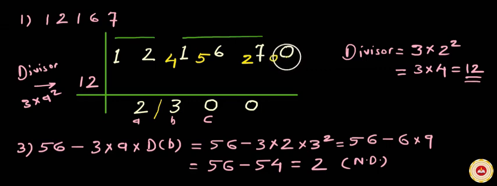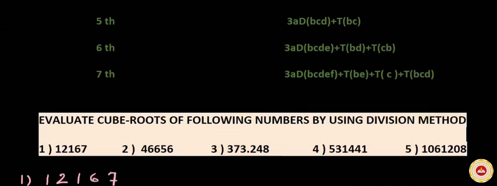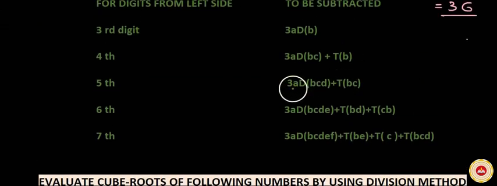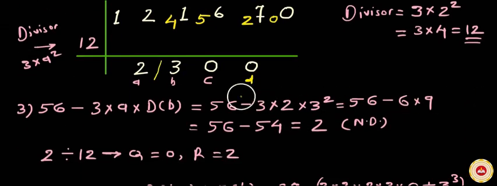To calculate the net dividend, what to subtract? For the fifth digit, 3A duplex of BCD plus triplex of BC. Friends, triplex will be 0, and the duplex of these digits will be 0, of course.